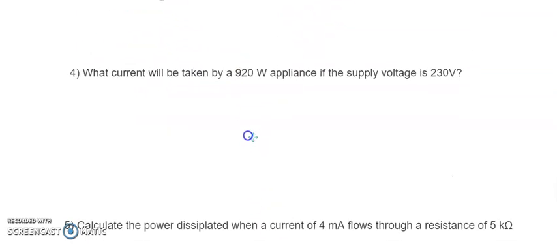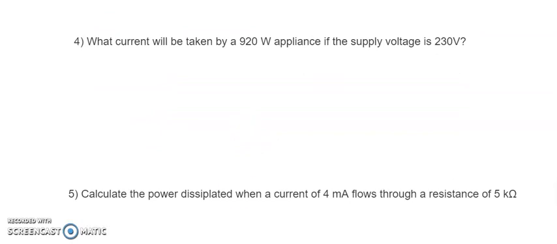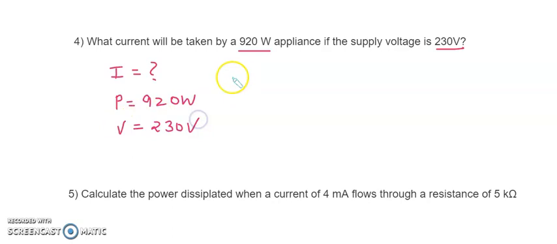Next, I have to find the current when the power is given as 920 and the voltage is 230. So current has to be found. Power is 920. Voltage is 230 volt.